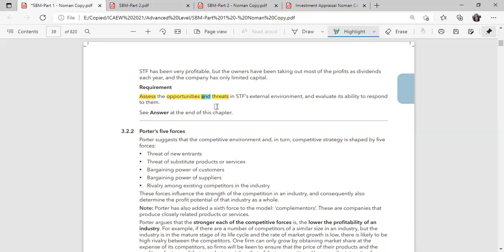This is a very, very important point because students read the requirement in a very quick way. If you read your requirement quickly, it is quite possible that you may miss some of the keywords of your requirement. If you miss some keywords, then unfortunately, you are going to lose some of your marks. So please be very, very careful whenever you read the requirement.